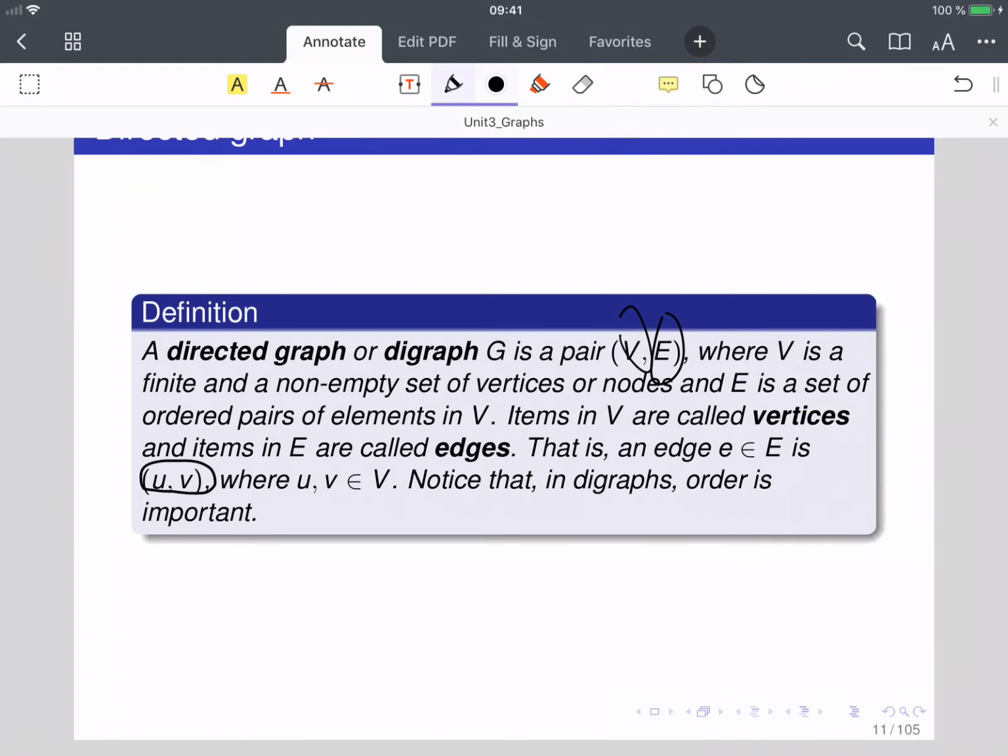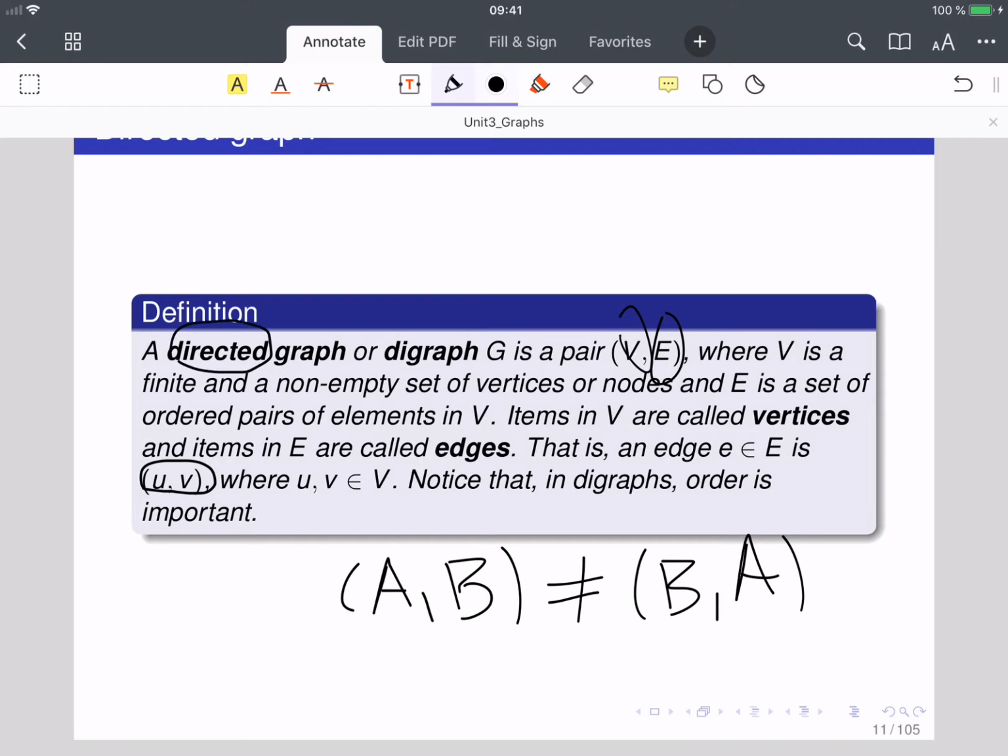Okay, so this kind of graph, for instance, is adequate for representing the relationship between users in Twitter, because we can specify who follows who. If A follows B, then we write something like this, but this is different from B following A, which will be represented like this. Okay, so the definition is the same, but we need to take into account whether the graph is directed or not.